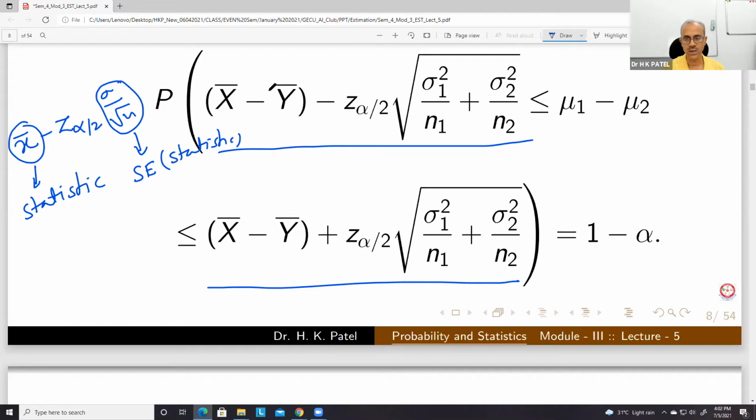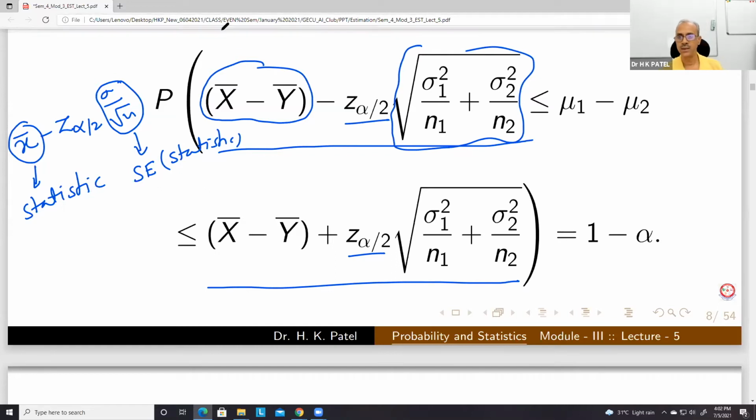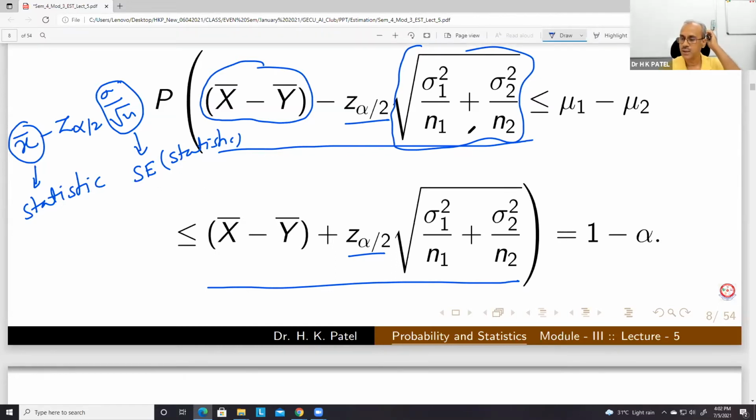Exactly the same formula. In today's case, this is our statistic, and this is the standard error of the statistic, and then again Z alpha by 2 is there with plus minus. Though it looks a little lengthier, in this way you can remember: the statistic is x bar minus y bar, and the standard error of the statistic.